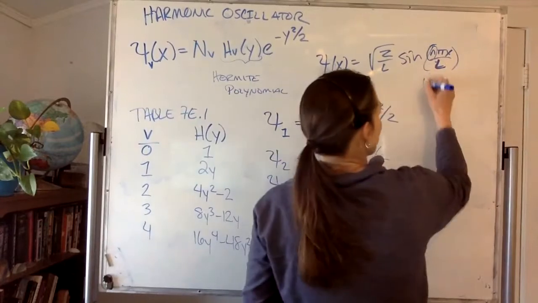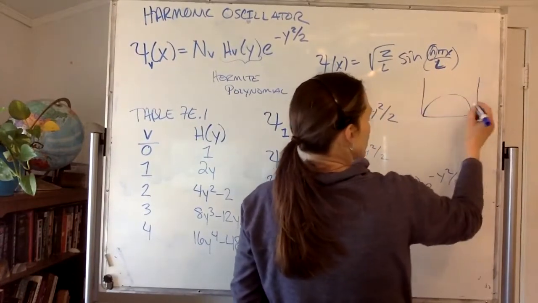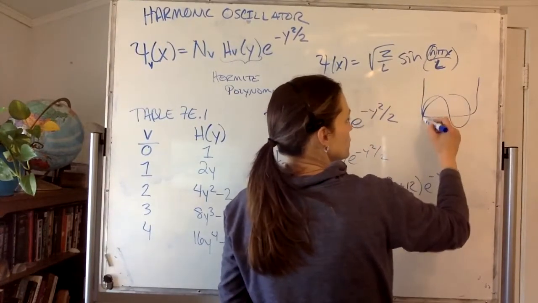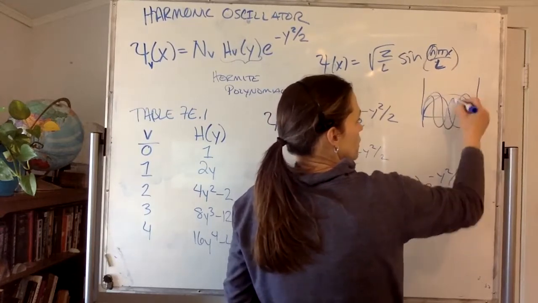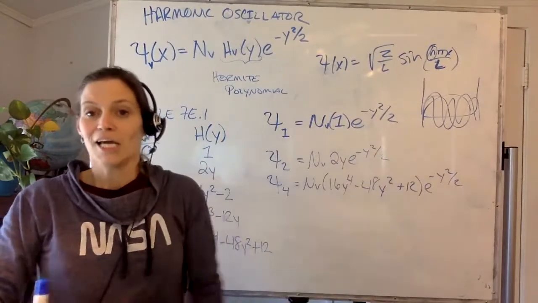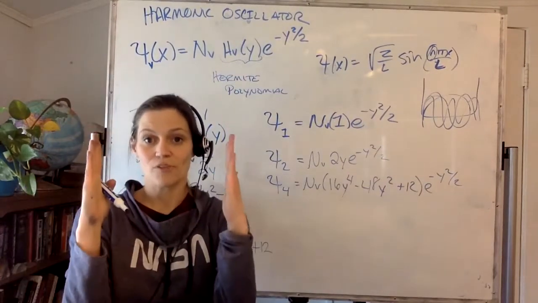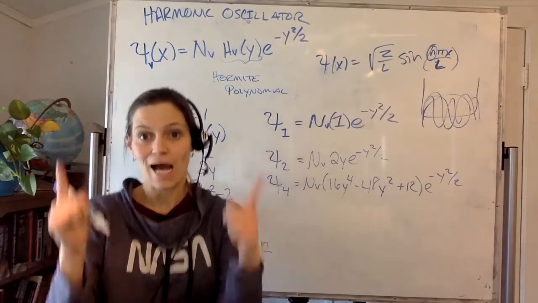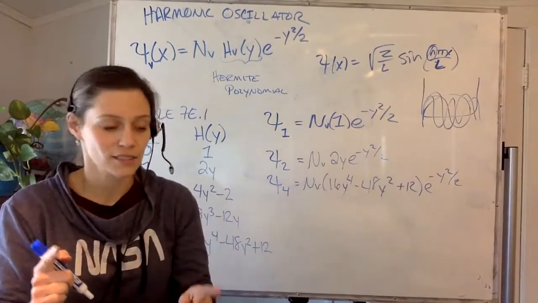There's n equals 1, n equals 2, n equals 3, n equals 4, and every time you increased, those wave functions kept those same boundaries. Not the case with the harmonic oscillator.